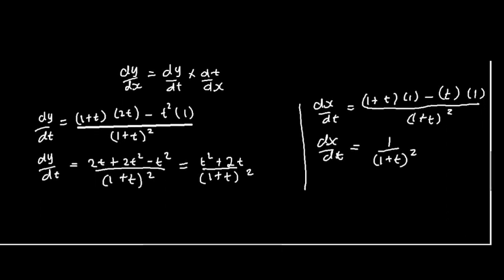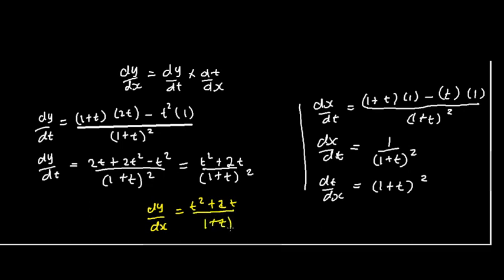And then let's substitute this, but remember that we want dt/dx. So dt/dx is going to equal, remember we take the reciprocal of this, and then we shall just have 1 plus t squared. So let's substitute this into this formula here, and then we shall get our dy/dx being equal to dy/dt, which is t squared plus 2t divided by 1 plus t bracket squared, multiplied by, remember we've converted the dx/dt to dt/dx, 1 plus t squared, like that.